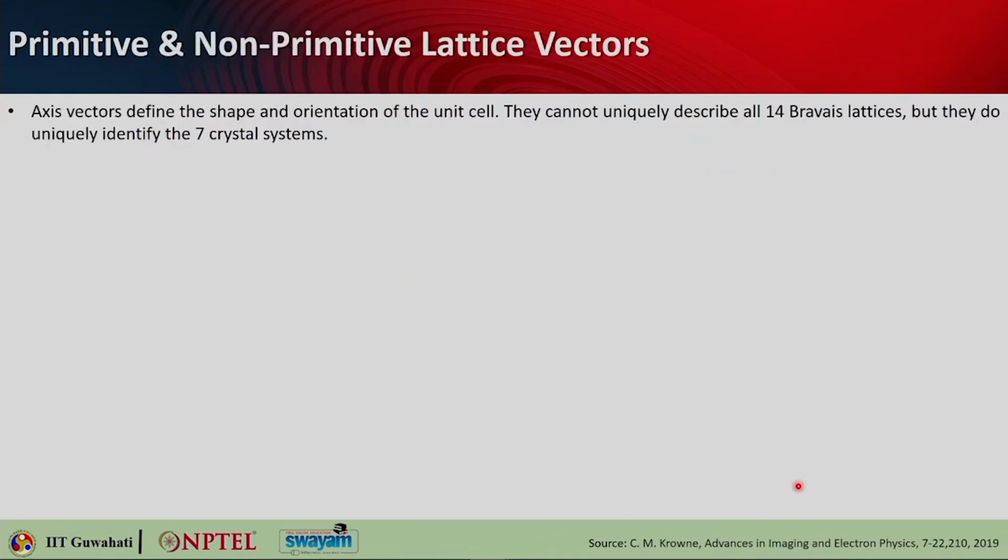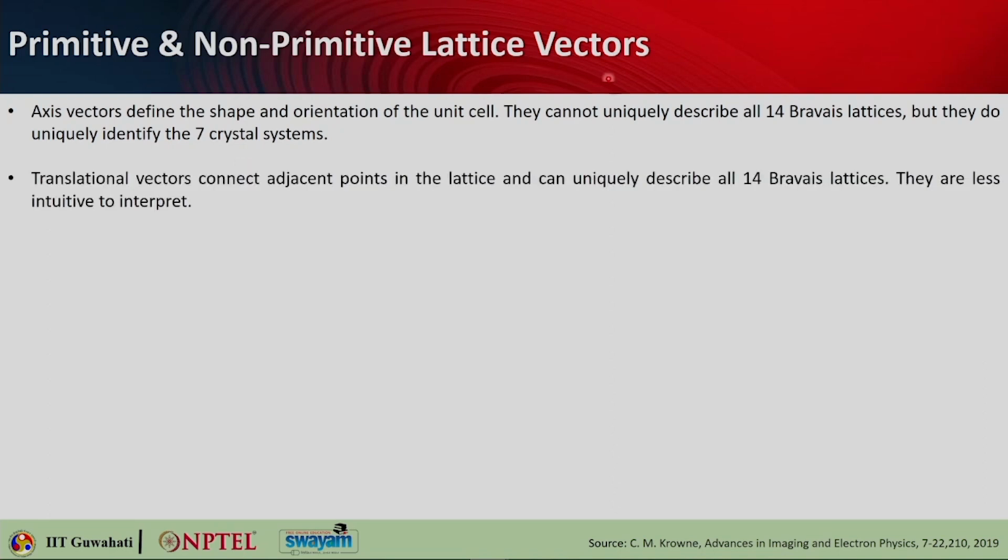Now, with that, let us try to understand the primitive and non-primitive lattice vectors in more detail. As we understood, the axis vectors define the shape and the orientation of the unit cell. They cannot uniquely describe all 14 Bravais lattices, but they can uniquely describe the 7 crystal systems.